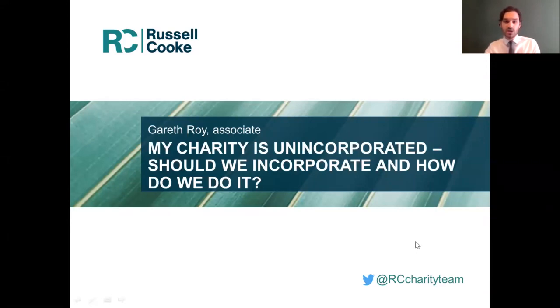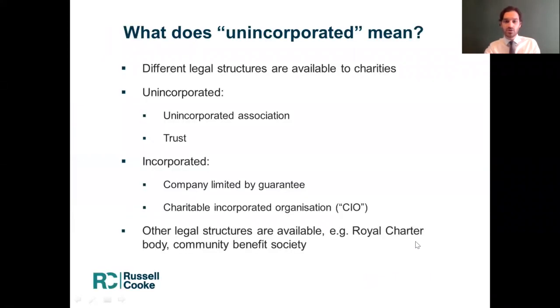So, my charity is unincorporated. Should we incorporate and how do we do it? A logical place to start seems to be by asking, what does it mean for the charity to be unincorporated in the first place? So there are a variety of legal structures available to charities. Charity is a status or a label, if you like, that you can stick on various types of legal structure.